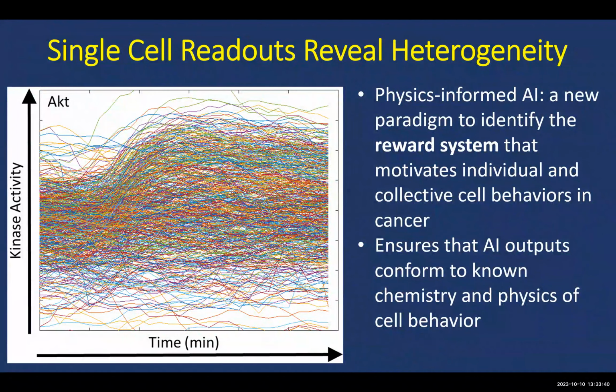And having the physics constraint is really important to this work because without it, the artificial intelligence approach might come up with answers that just aren't physiologic for a cancer cell. And anyone in cancer biology would say, that doesn't happen. What are you thinking? So merging those two together is very important.